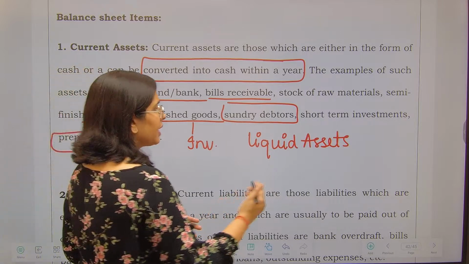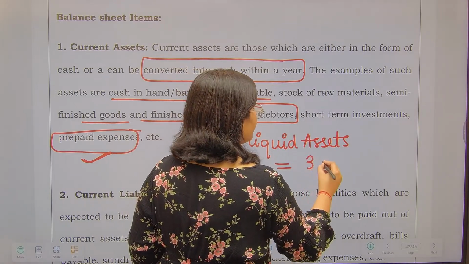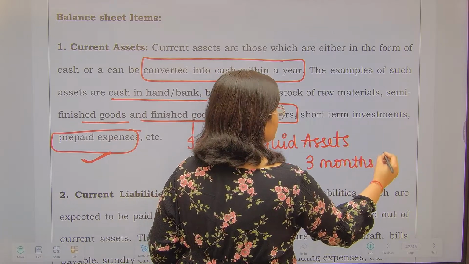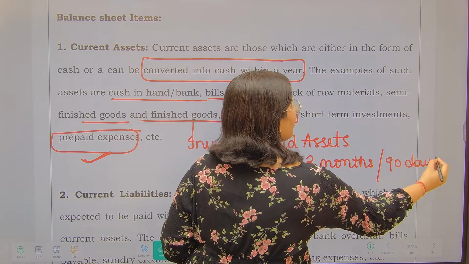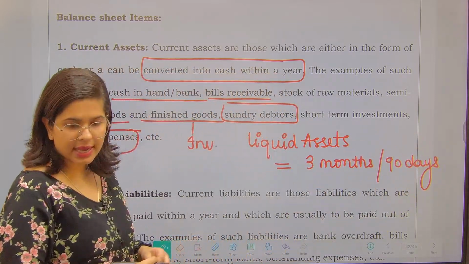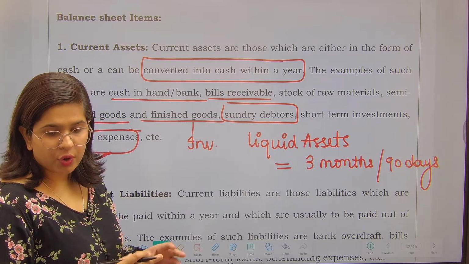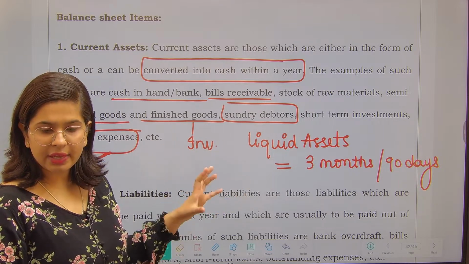In this particular case, liquid assets are those assets which can be converted into cash within a period of 3 months or 90 days. This is how it is decided.